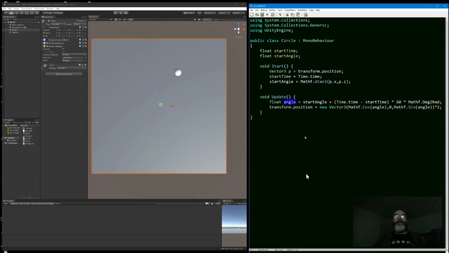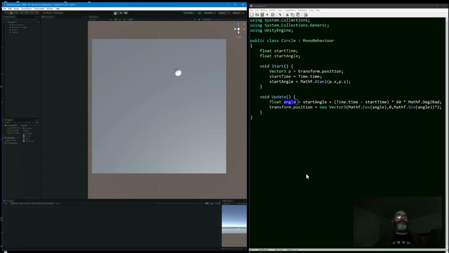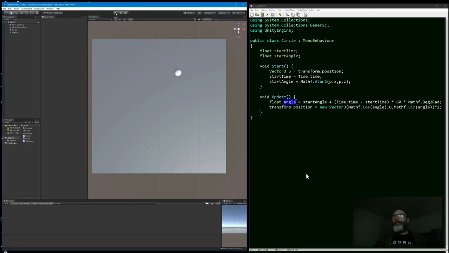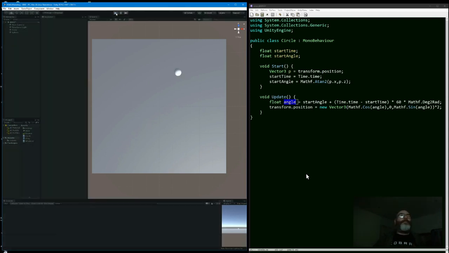So then what I do is I try it. Hang on, you say. Couple of problems. One is I'm not taking into account the distance of the circle from the center.